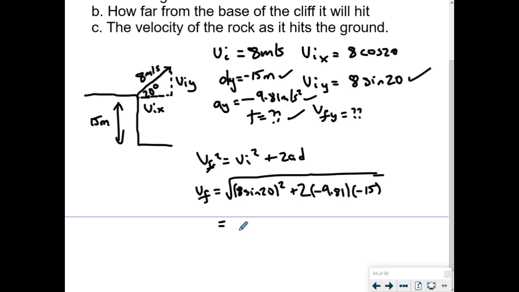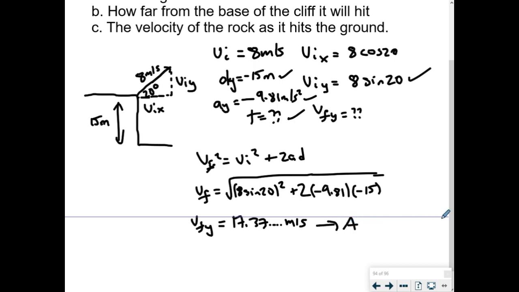So (8 sine 20) squared, do that in brackets, plus 2 times negative 9.81 times negative 15, and then square root the whole thing. I have now calculated my velocity final in y to be 17.37 meters per second. And I'm going to store that as letter A.